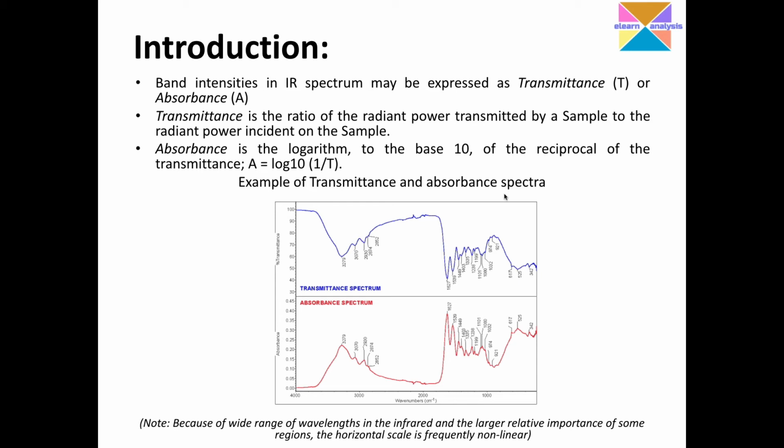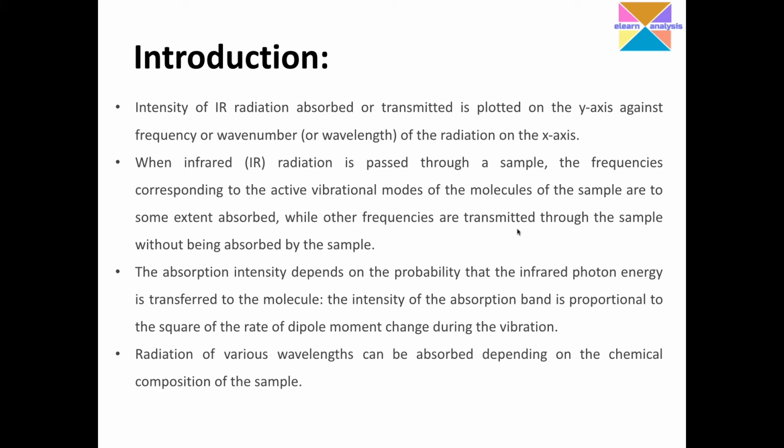I have taken an example comparing the same molecule, shown as a transmittance spectrum and an absorption spectrum, so that we can correlate both. The intensity of the IR radiation absorbed or transmitted is plotted on the y-axis, as I just mentioned, against the frequency or wave number of the radiation on the x-axis.